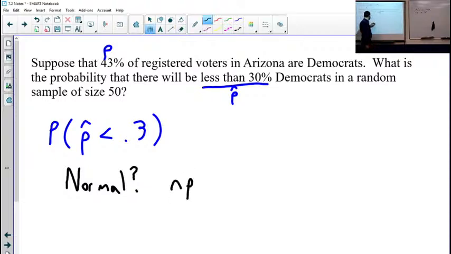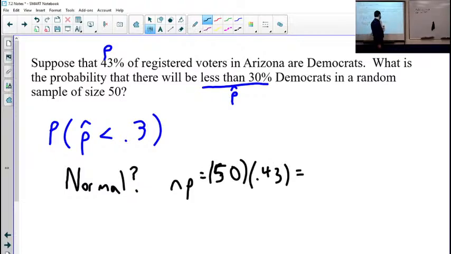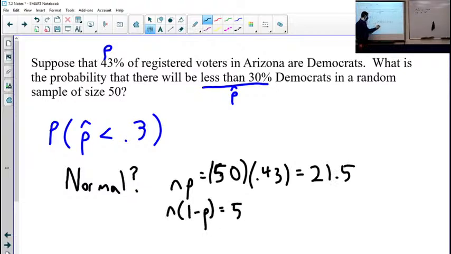So n times P is 50 times, we already decided P was 0.43, which is 21.5. N times 1 minus P is going to be 50 times, what will 1 minus P be?